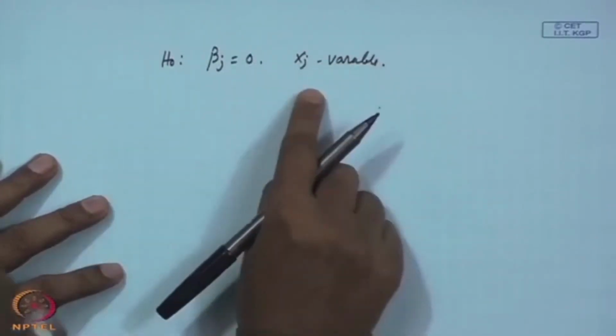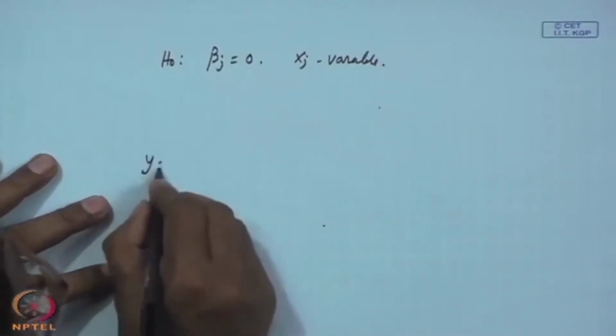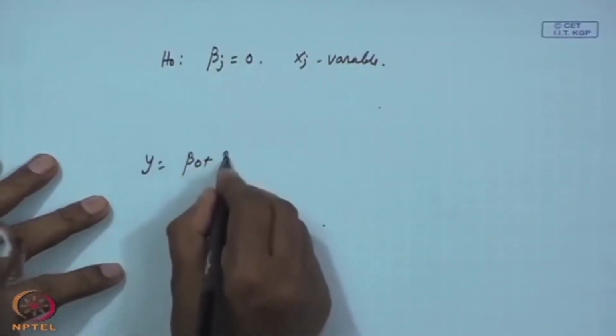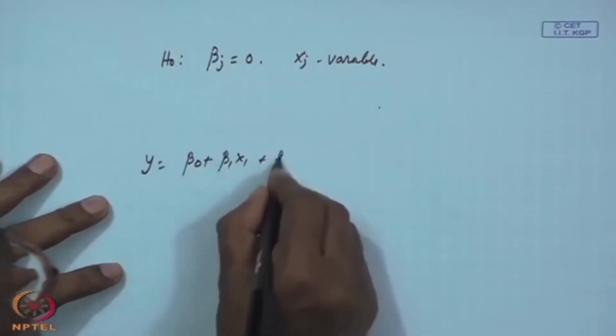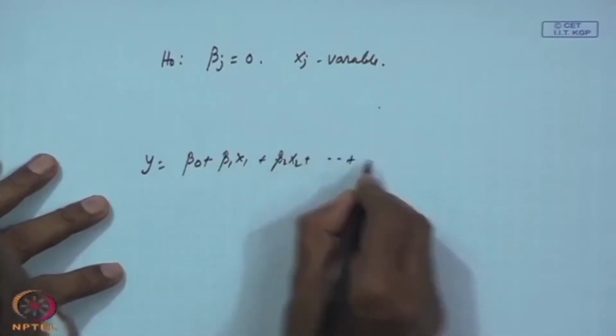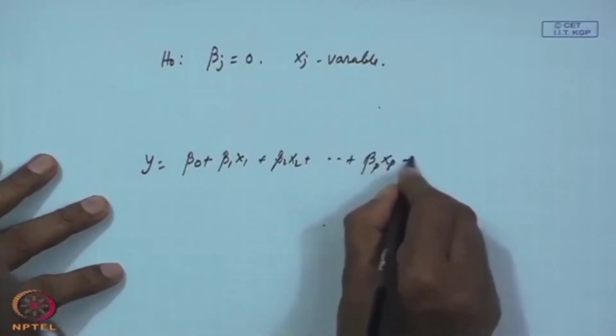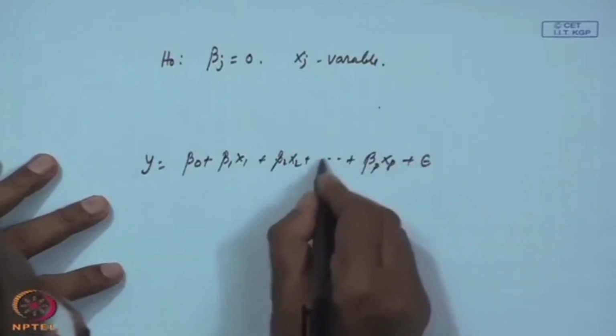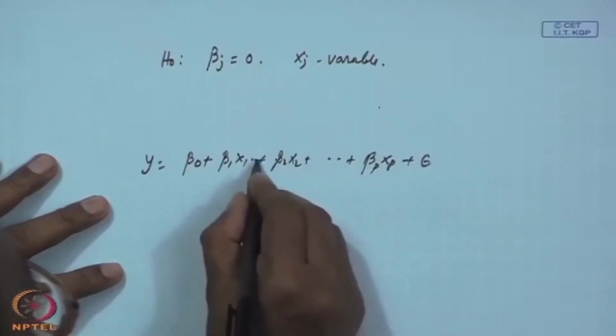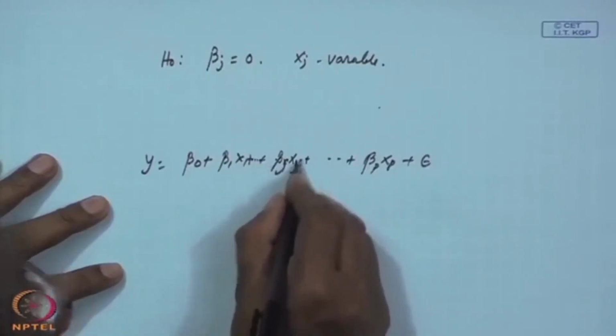Now, what do you mean? Our regression equation is like this: beta 0 plus beta 1 x 1 plus beta 2 x 2, dot dot dot, plus beta p x p plus epsilon. Somewhere there is beta j x j.